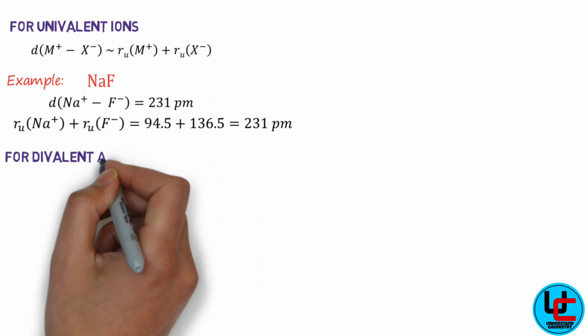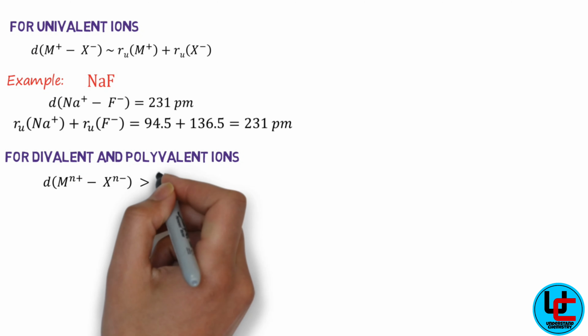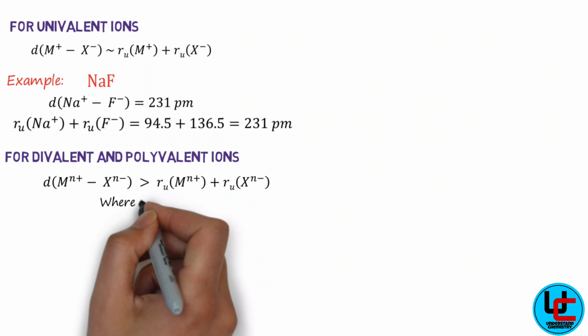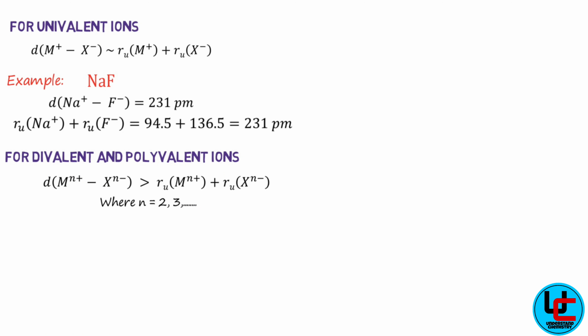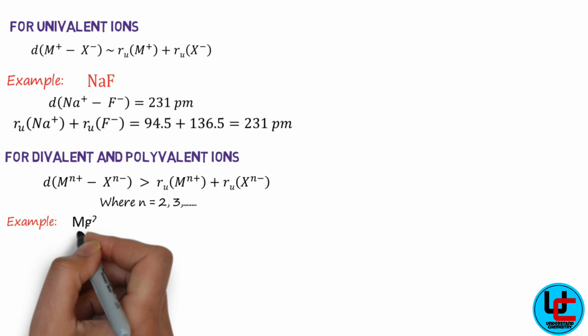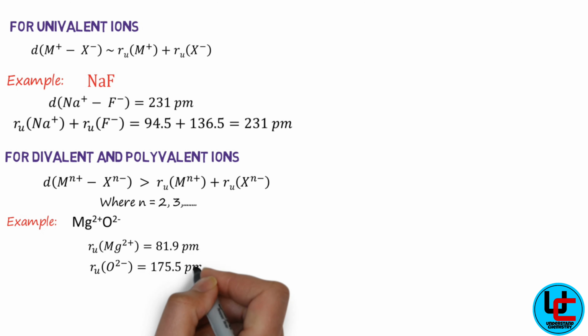But in case of polyvalent ions, the internuclear distance between the ions of an ionic crystal has been found to be less than the sum of univalent radii of the polyvalent cation and polyvalent anion. For example, in MgO, that is magnesium oxide, the value of univalent radius of magnesium is equal to 81.9 picometer, whereas the univalent radius of oxygen is calculated as 175.5 picometer.